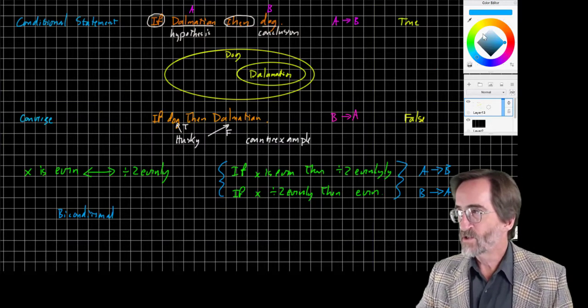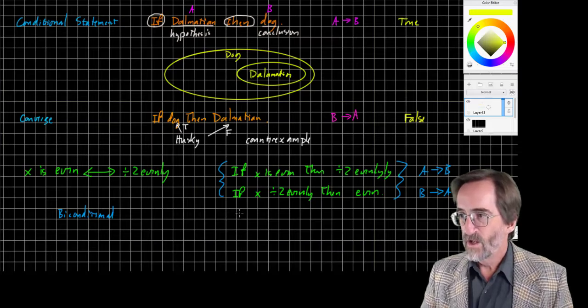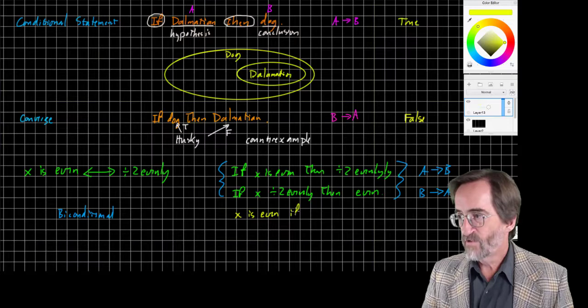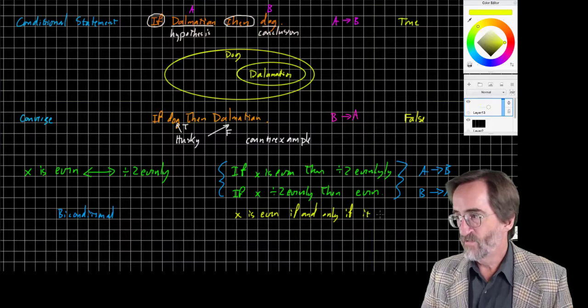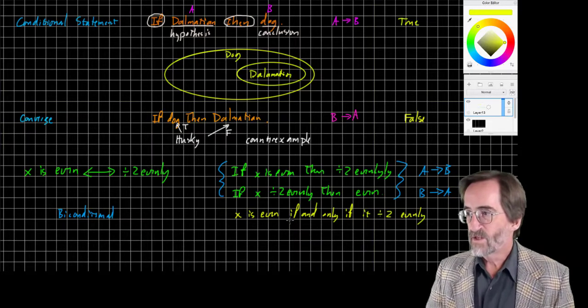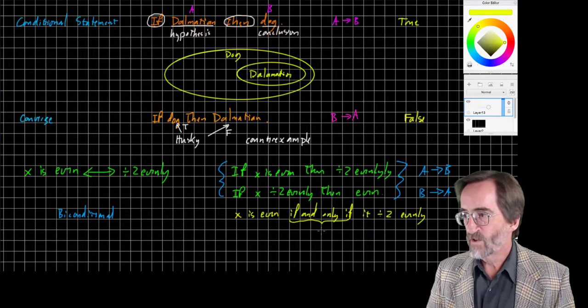We can shorten it to this statement. We can say x is even if and only if it divides by 2 evenly. Okay? That phrase, if and only if, is equivalent to our double arrow.